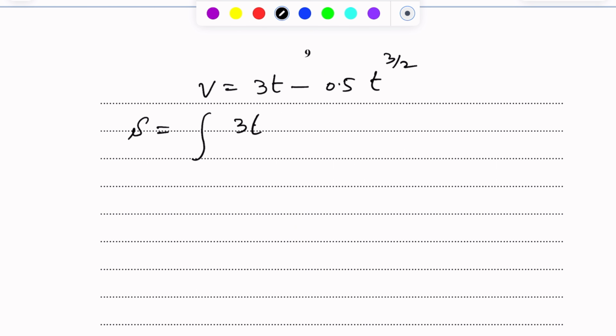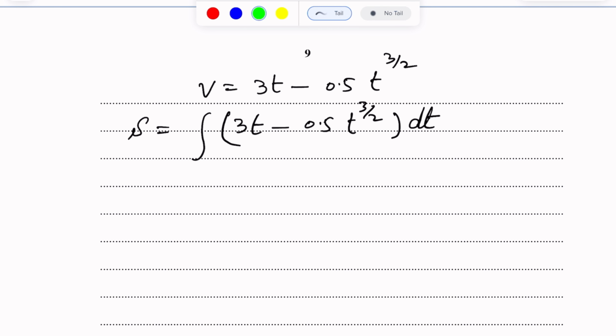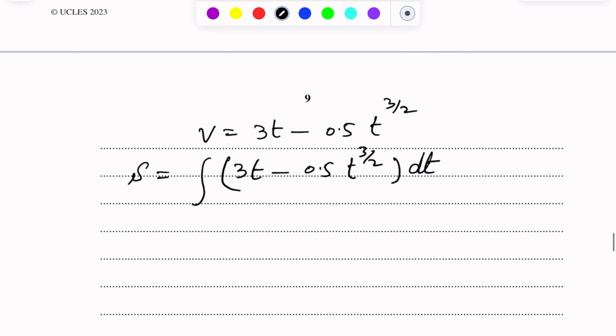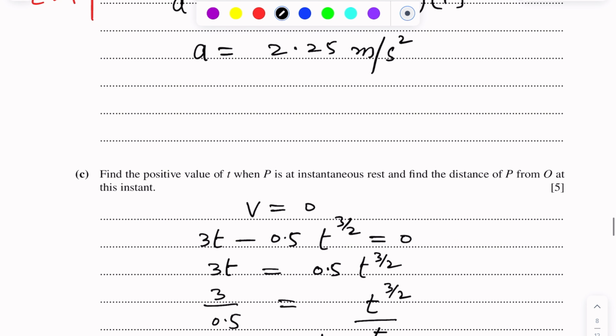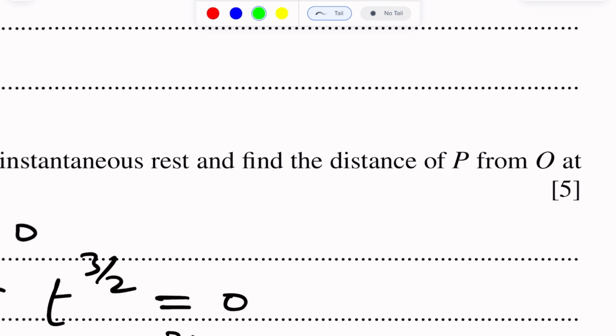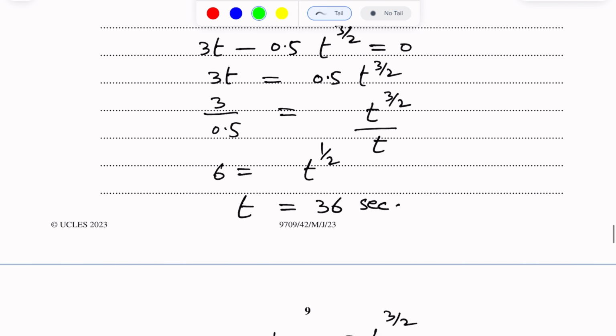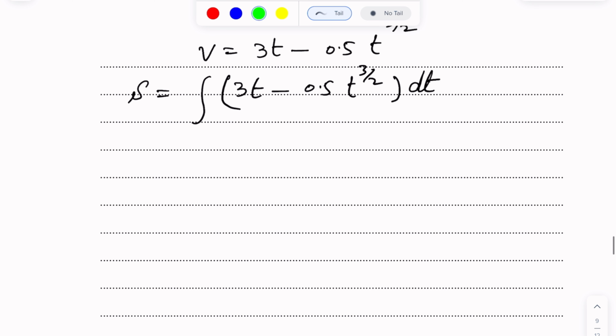The right side will be integrated with respect to t, 3t minus 0.5 t power 3 over 2, within brackets, and we write dt here. dt means with respect to t we are integrating this. So integrating, and the limit is the distance of p from O. P is the particle, p from O means this is O.